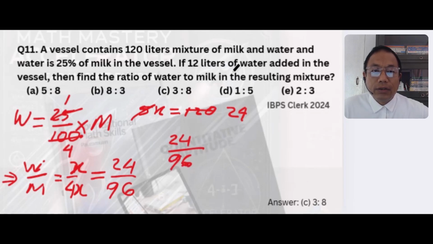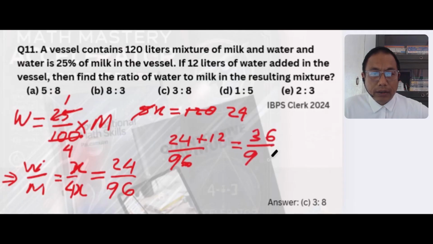If 12 liters of water is added, water is the upper part plus 12. Then find the ratio of water to milk in the resultant mixtures. 4 plus 2 is 6. 2 plus 1 is 3.